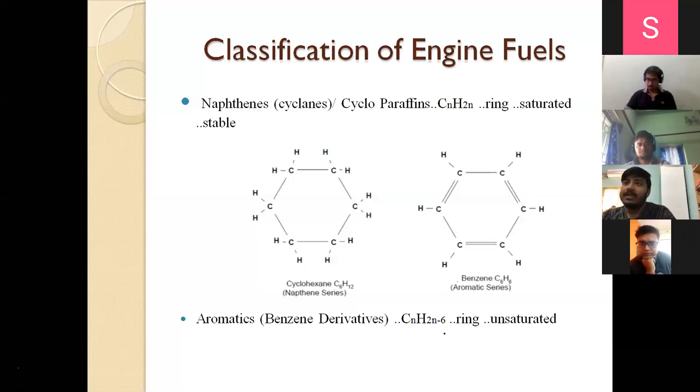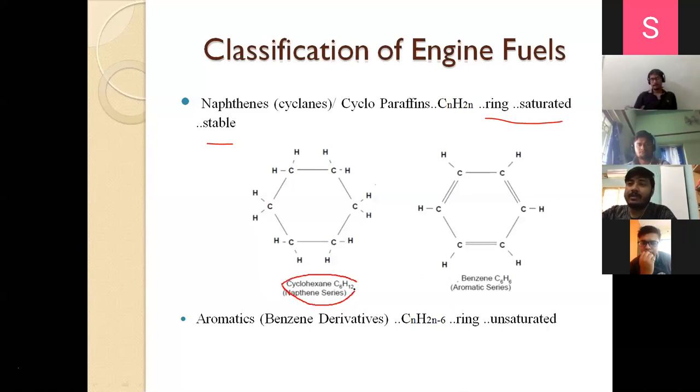If it is a naphthene, then it has a ring structure, it is saturated, and it is stable. One example is cyclohexane.